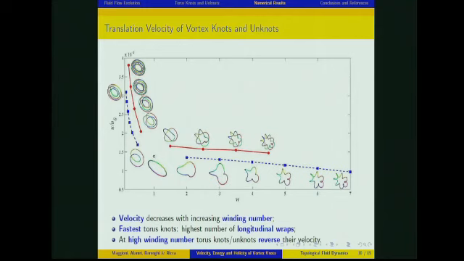And we can see that the velocity decreases with an increasing winding number, and the fastest torus knots are this one, the one in which there is a very high number of longitudinal wraps with respect to the one with a high number of meridian wraps. And interestingly, for a high value of the winding number, the torus knots tend to reverse their velocity, as has been proven by another paper by Professor Carlo Barenghi.